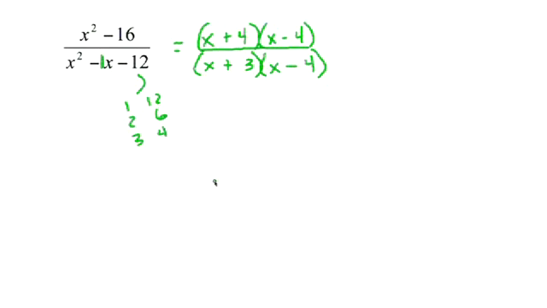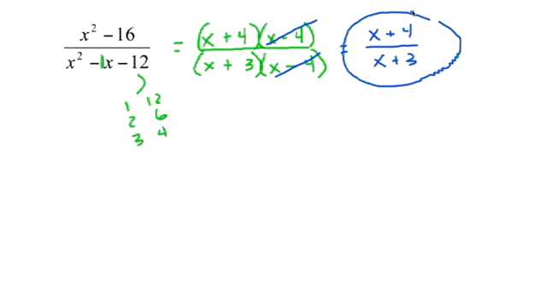From here, you're almost there. Cancel out the x minus 4's, and since the other two binomials are not identical, you just rewrite this as your final answer.